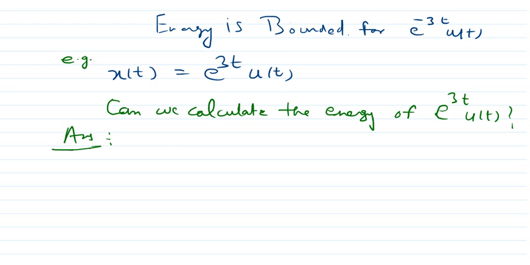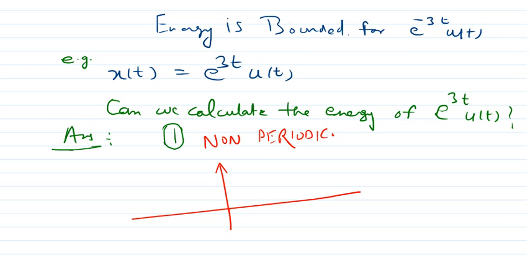First, let us check whether it is periodic or not. Of course, it is a non-periodic signal, because if we see the graph of this signal, the graph is like this. This is the graph of e raised to the power 3t.